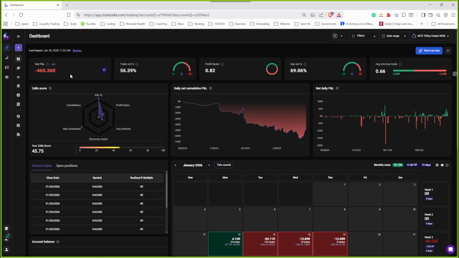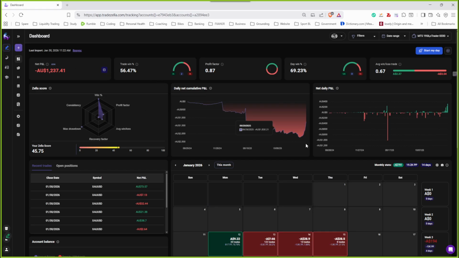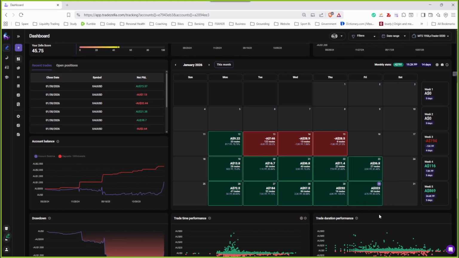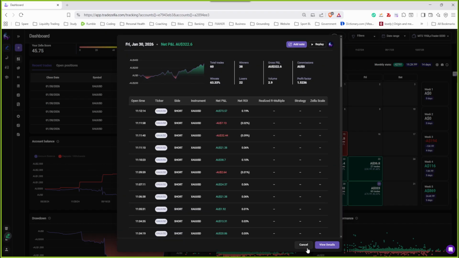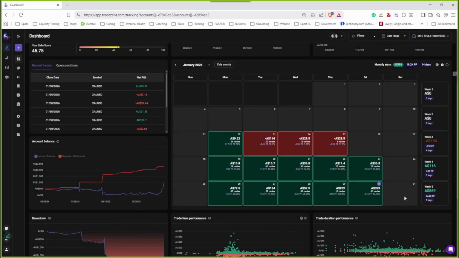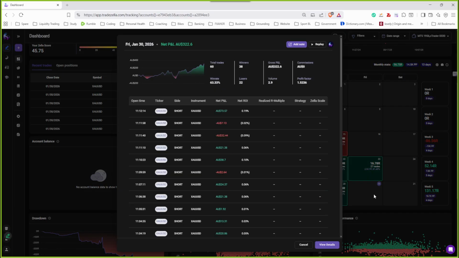I'm 460 R behind, and dollar-wise I'm about $1,200 behind. Oh, there it is, it's kicked in. I don't know why that's not showing up on that screen. Got a little glitch.